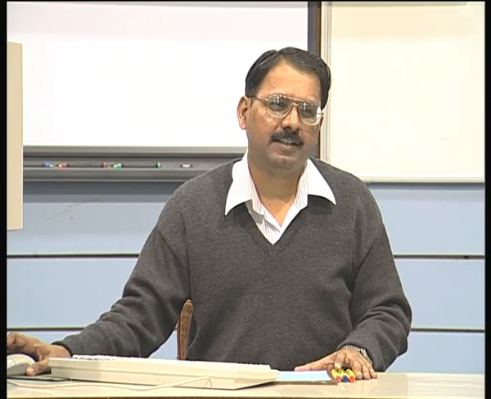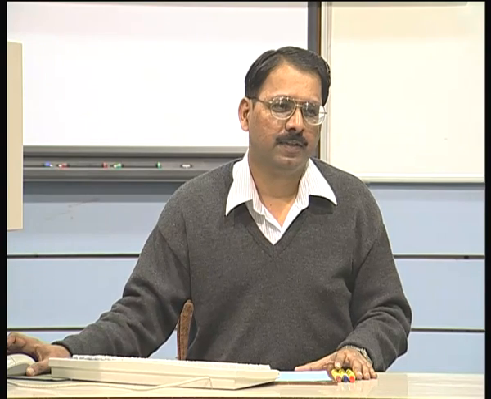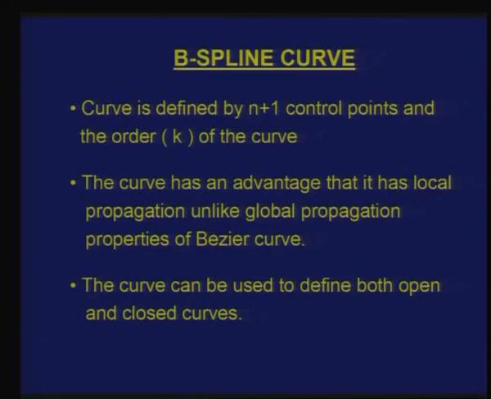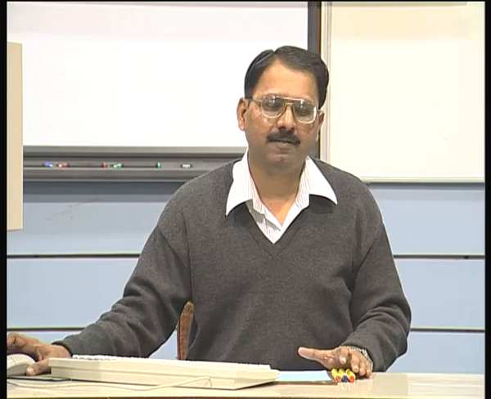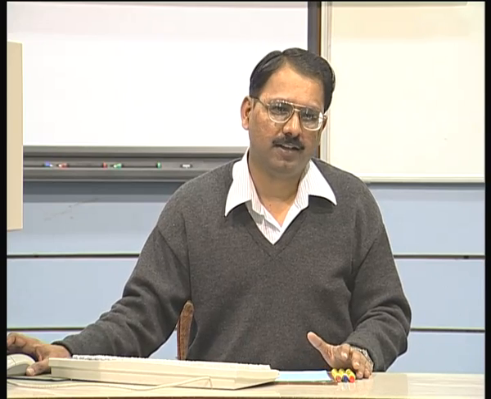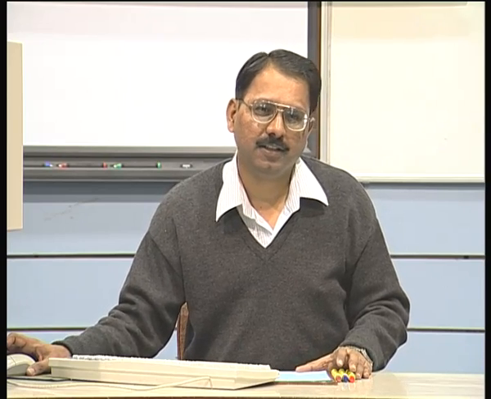If I take k equal to 4, then I will have terms like u cubed. So, a cubic basically corresponds to k equal to 4. If I choose k equal to 3, then I have terms like u squared, that is the maximum degree of polynomial.